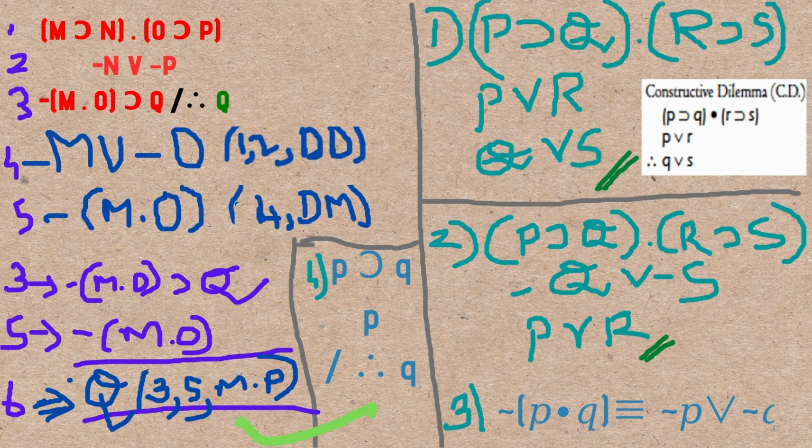And applying the DD rule, we will be getting negation M, conjunction O. And applying the fourth rule in it, De Morgan's, I think D stands for De Morgan's. Applying De Morgan's, we will be getting negation M, O implication Q. And again, applying constructive dilemma and all the other four rules which I wrote in blue color, you will be getting Q from the third and fifth step easily using modus ponens.